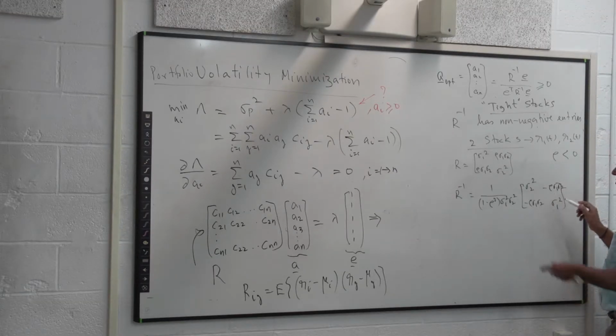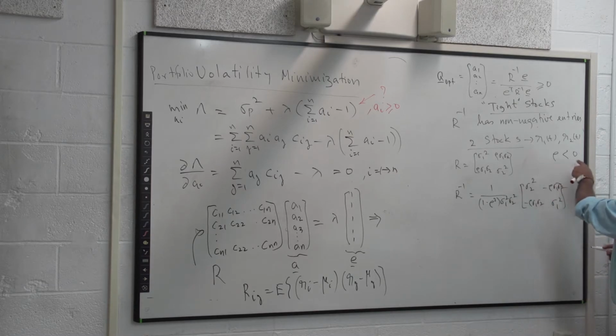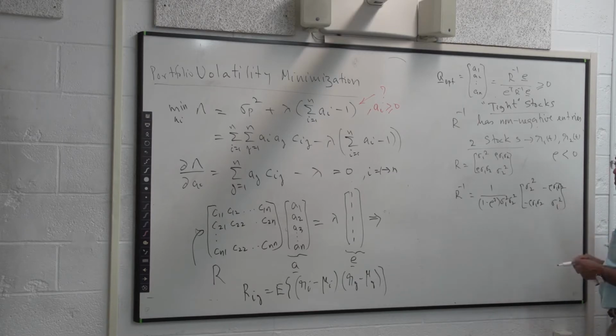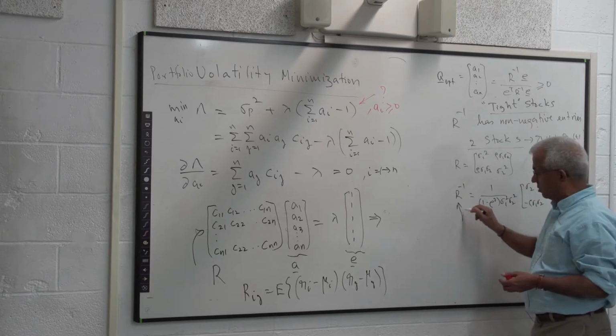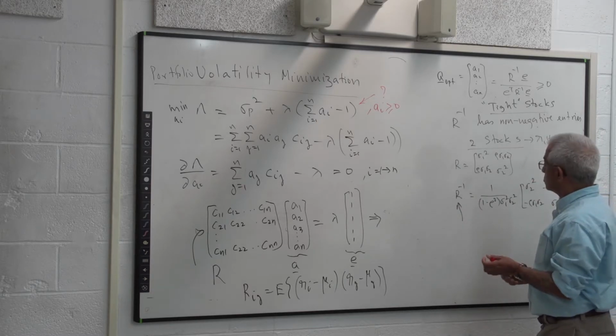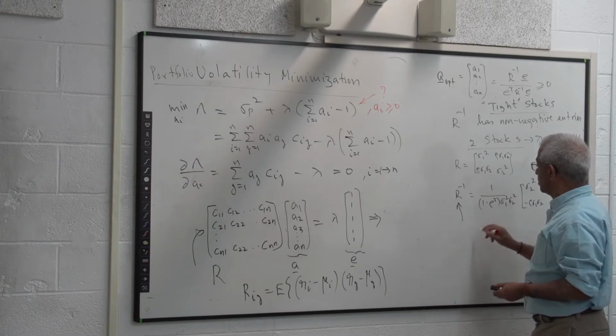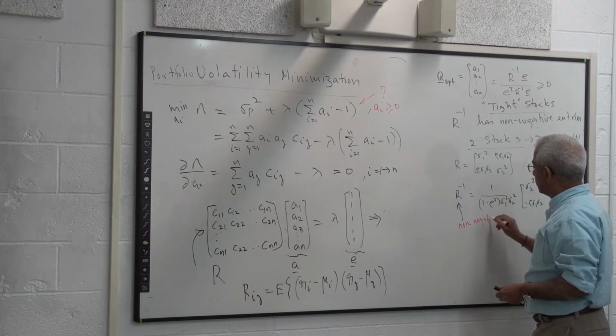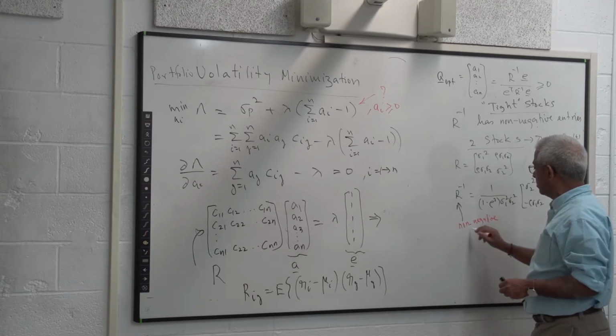So this is R inverse. If rho is negative, in other words, if the two stocks are moving in the opposite direction, then R inverse is guaranteed to be a matrix with non-negative entries. This is not non-negative definite, just that the entries are non-negative.